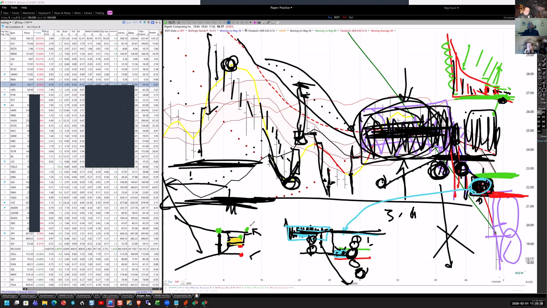And now I can start saying a return to support, is that going to act as resistance? If not, I can add a position there. If it gets through there and comes up to this one, what's it going to do? Is that going to act as resistance? If so, I can exit. If not, I can add a position.